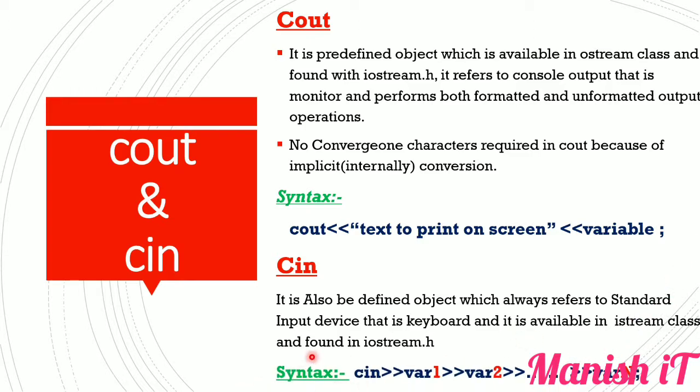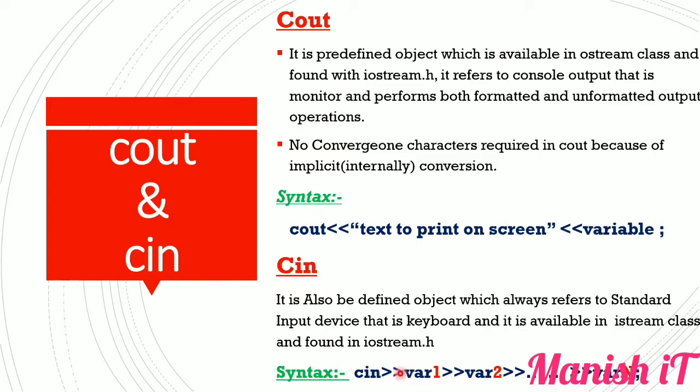The syntax is cin, the greater than symbol and variable one, greater than again and variable two, and it goes to n variables. Here I already told you, it depends on your choice how many times you want to use this symbol in one statement.